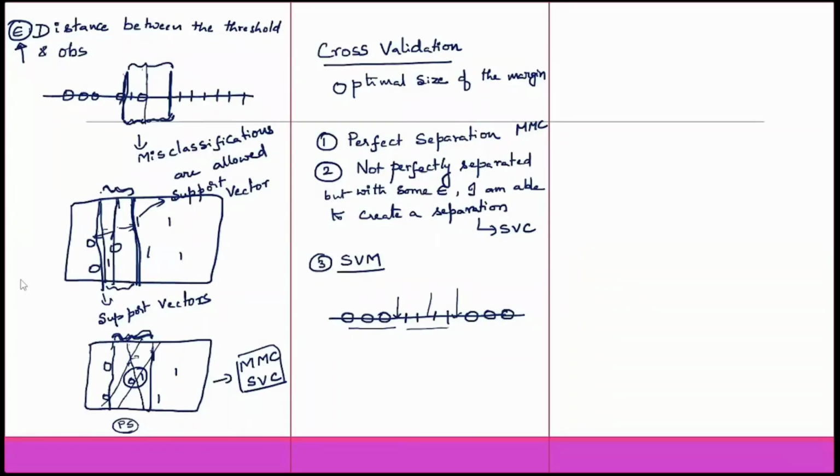Or in a two-dimensional space, look at it like this, a very classic example. Let's say you have data like this. You give me a line which can take some kind of threshold or soft margin, and within that soft margin it can segregate. It is not possible in these examples, right?